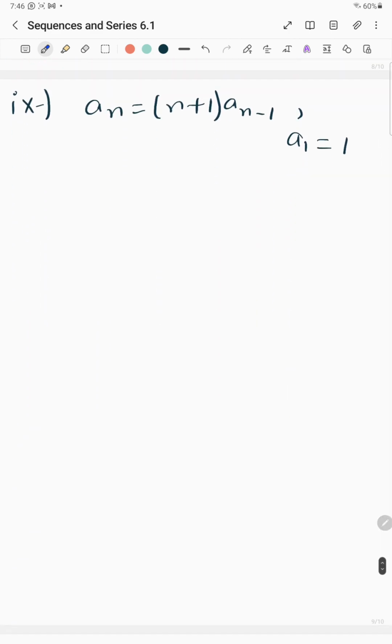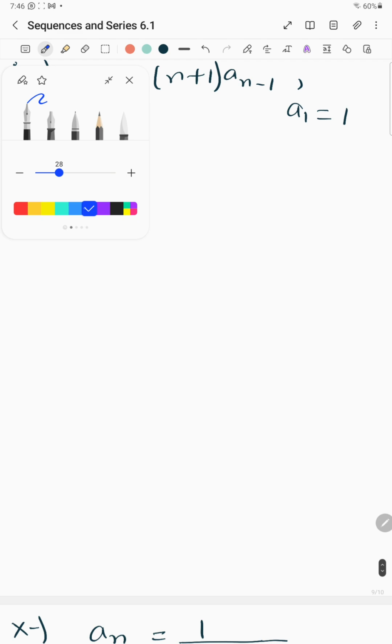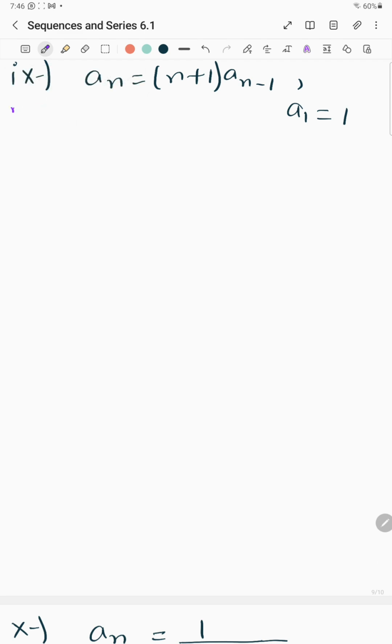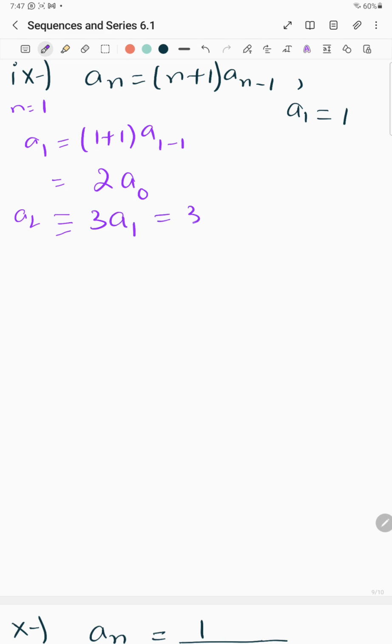Okay. Question number 9. n is equal to 1, a1 is 1 plus 1 times a1 minus 1, 2 a naught. For a2, 2 plus 1 is 3, and a1 is given as 1, so it's 3.